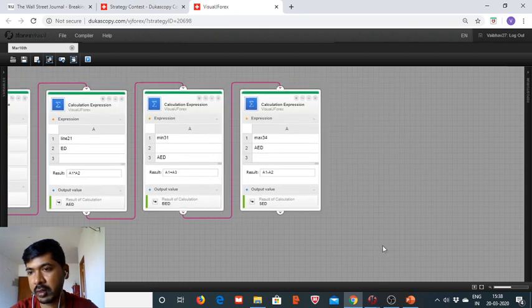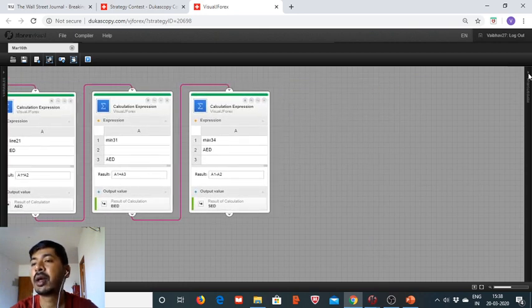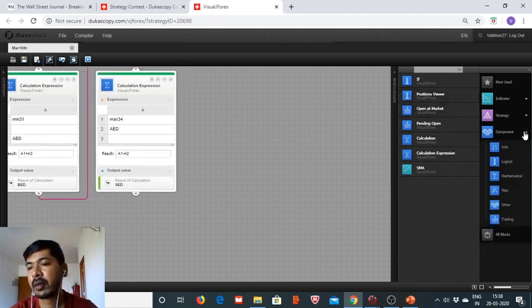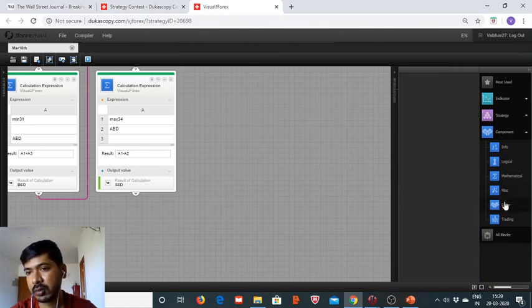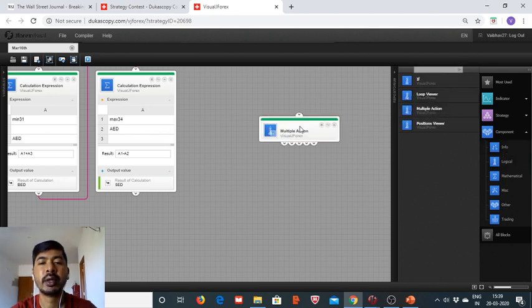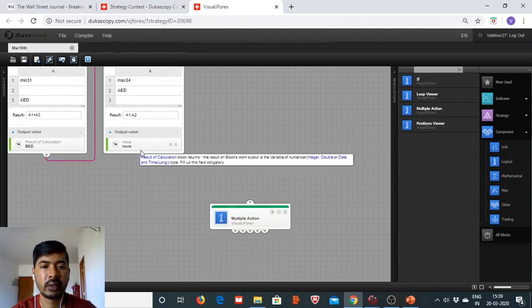So now let's start to build the buy side. First of all, we will need to bring in the multiple action block. Open at market. No, we don't need it just now. Okay, logical. So here it is, the logical instrument.